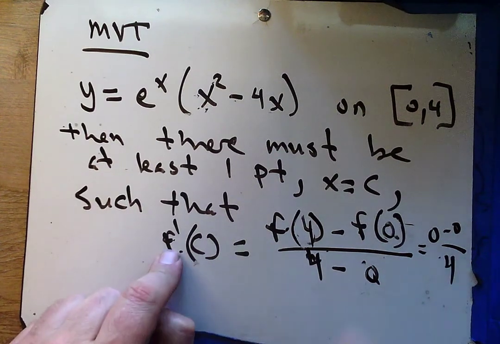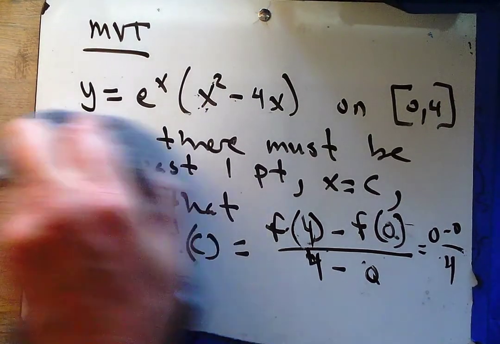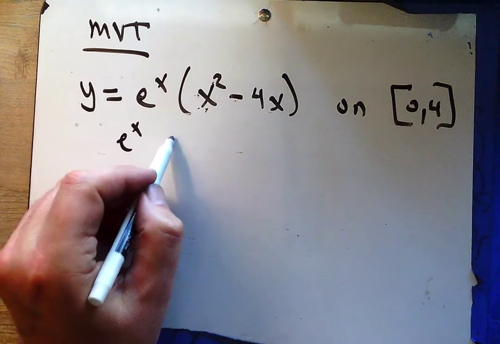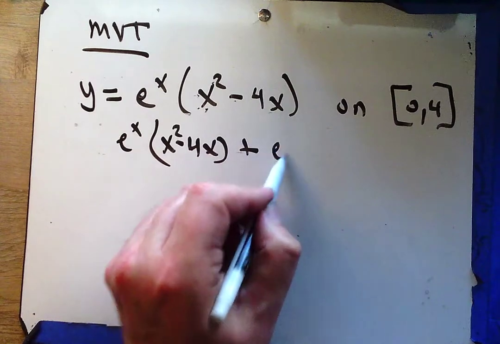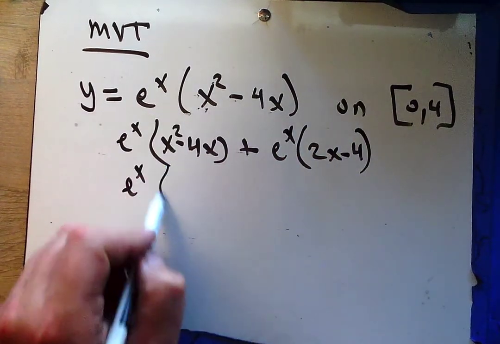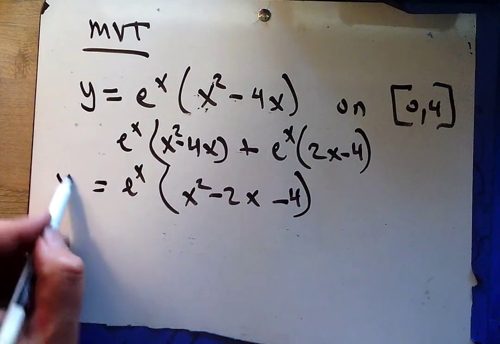Okay? So what's going to happen here? I need to set the derivative equal to that slope number. So what was that derivative again? It was e to the x squared minus 4x plus e to the x times 2x minus 4, or e to the x times x squared minus 2x minus 4. There's y prime.